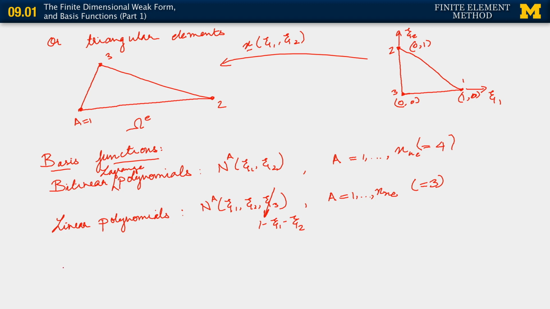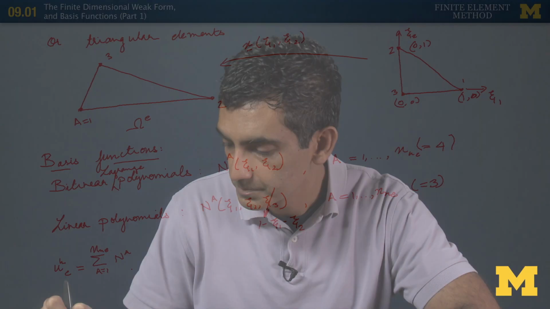All right, so this is what we have. And with this, we go ahead and, of course, construct our finite dimensional functions, right? So we would go ahead and write UH over E is now the sum over the number of nodes in the element, NA, right? I'm not going to write the parameters of NA because they could be different depending upon whether we are working with bilinear or linear polynomials here, right? Whether we're working with bilinear quads or with linear triangles.